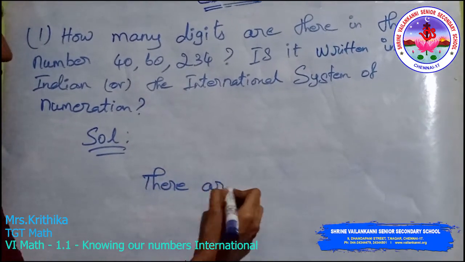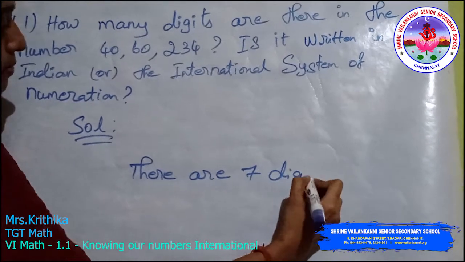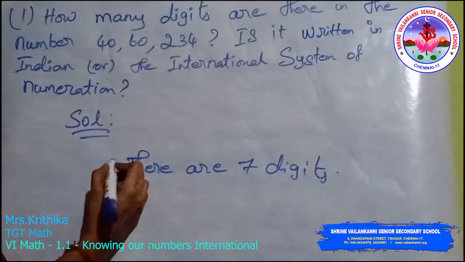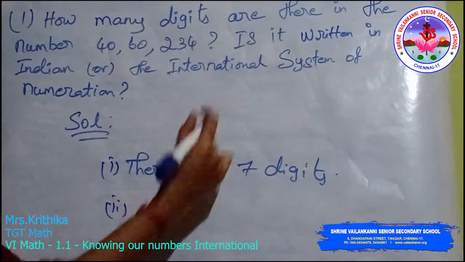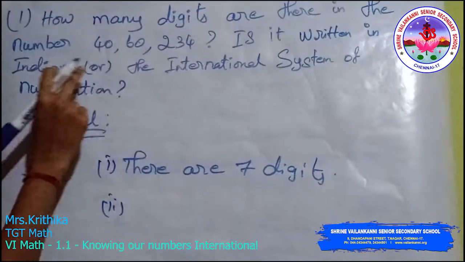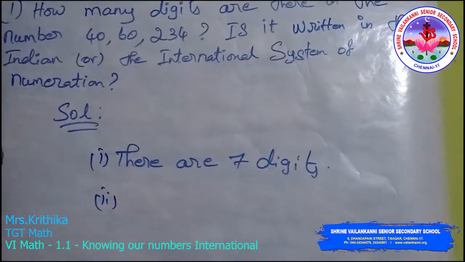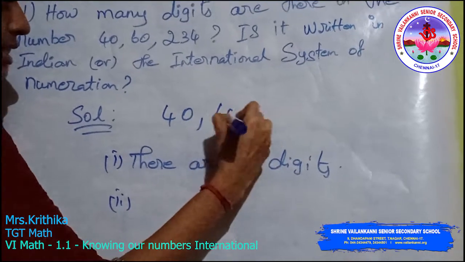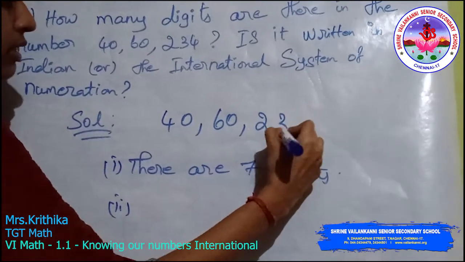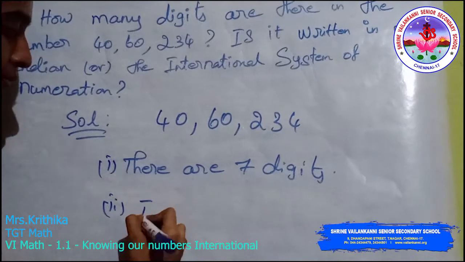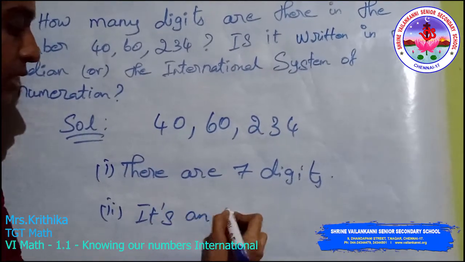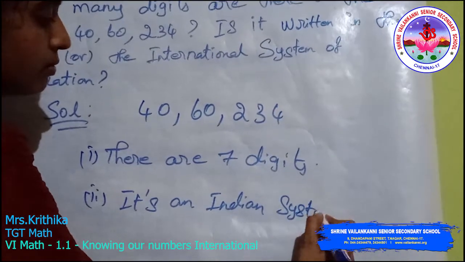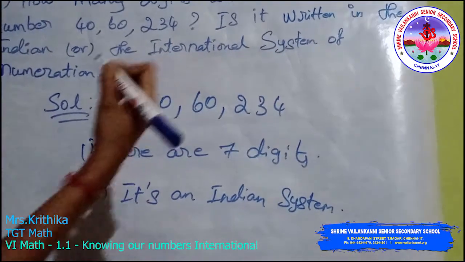Next question, is it written in the Indian system or international system of numeration? 40 lakhs 60,234. It is in the Indian system, because the commas separate thousands and lakhs.